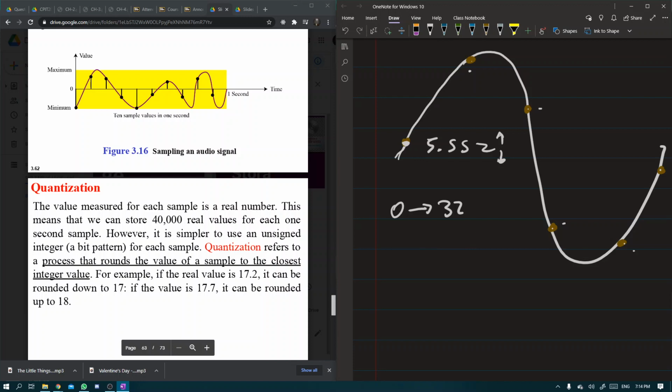Basically, you're storing integers, in a certain amount of bits. So you round this up or down to an integer, but it doesn't need to be an integer. The more bits you take, the more accuracy you could have. So we round 5.5 and so on into 6, and now we could store this value into some bits.